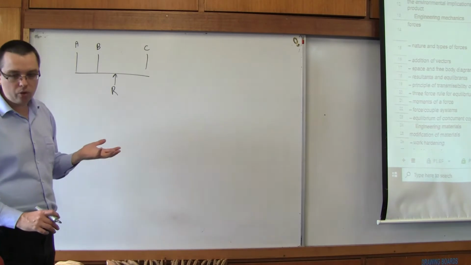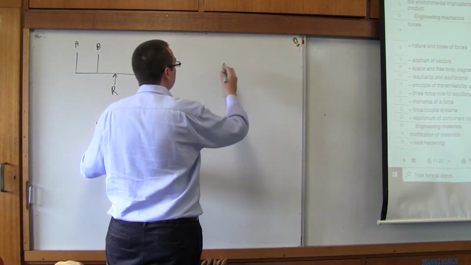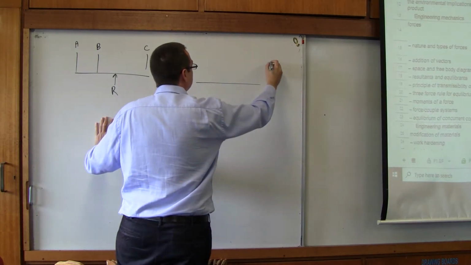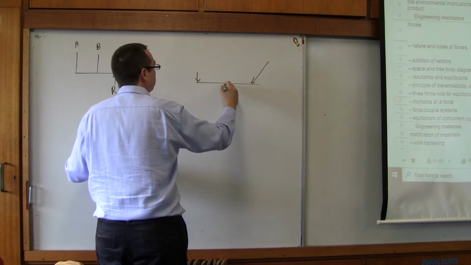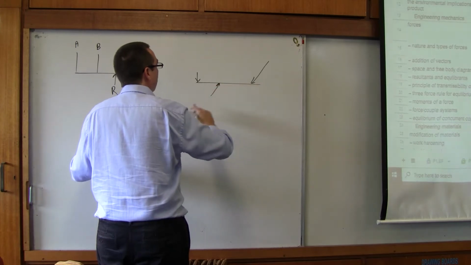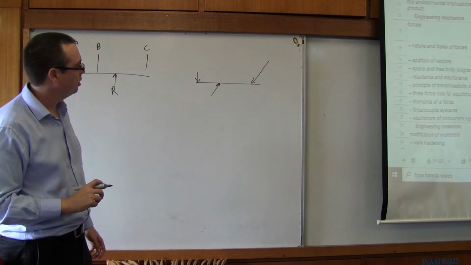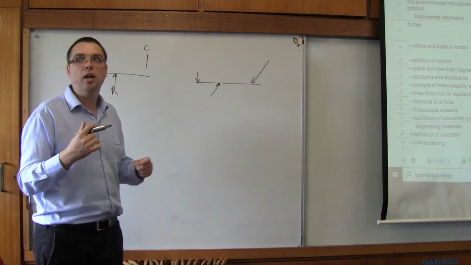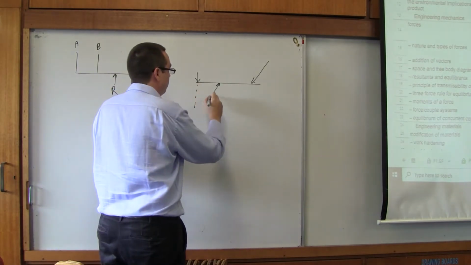The next one we're going to look at is perpendicular and coplanar. So if I had this beam, we looked at this earlier, if I have a beam like this, it's balancing, in that case, we'd have to have three forces, and these three forces are all going to meet up at the same spot.